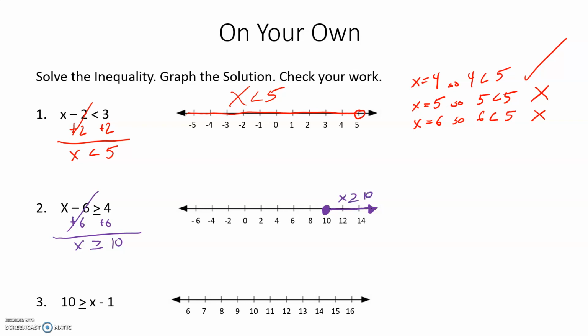So I'm going to check my work by plugging in both 8 and 12. Or 9, I can do 9 too, because 9 is less than 10. So x equals 9.